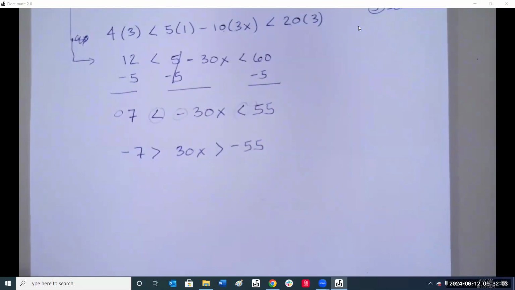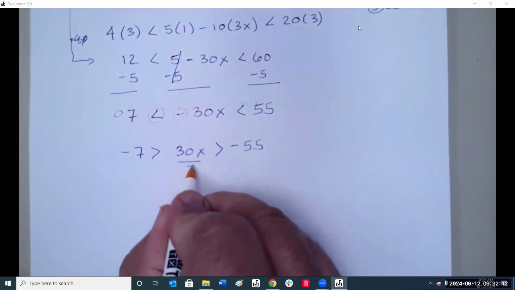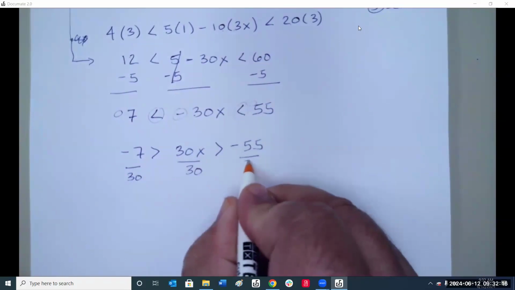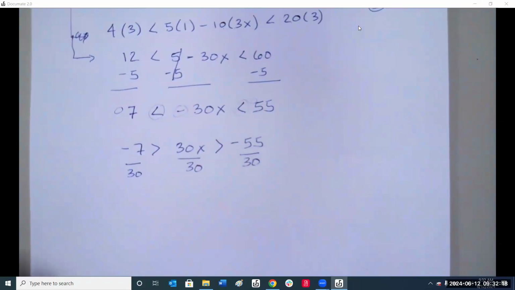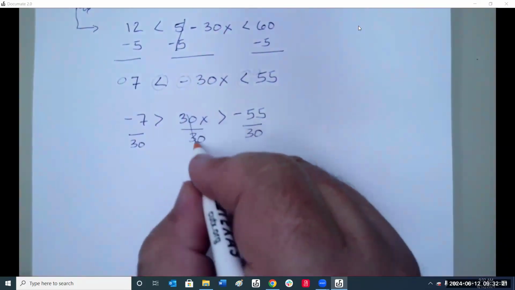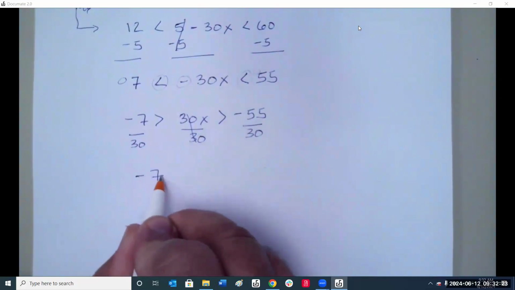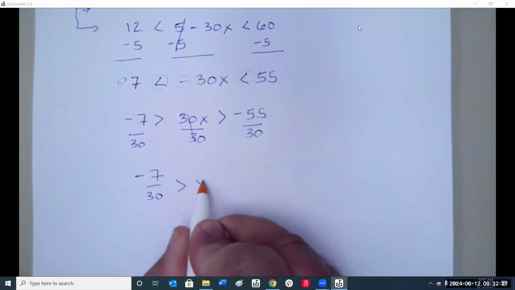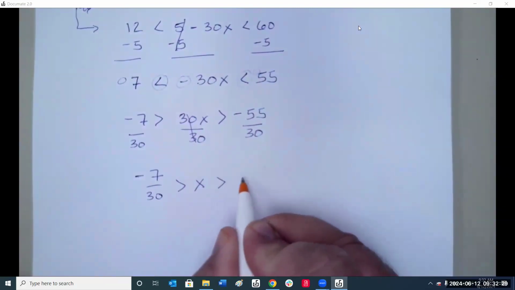That got rid of the negative for us. Next step, divide by 30, because we're trying to get x by itself. -7 over 30 is greater than x is greater than.